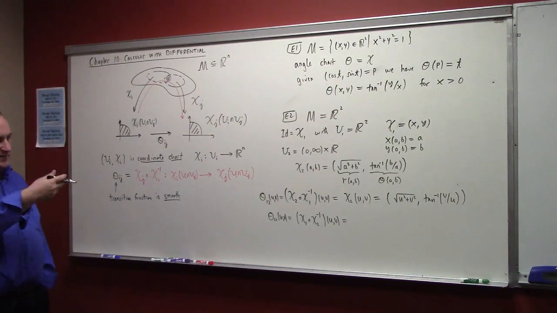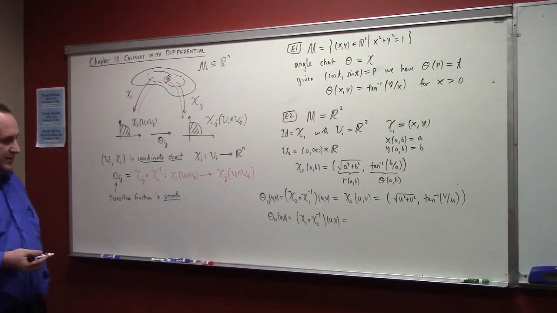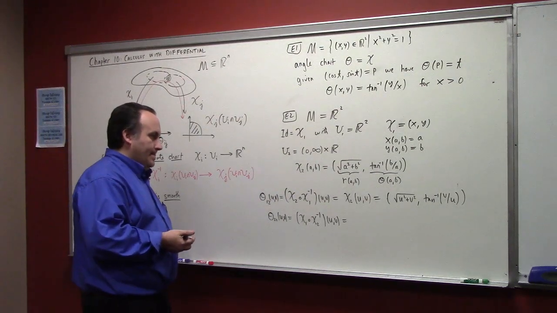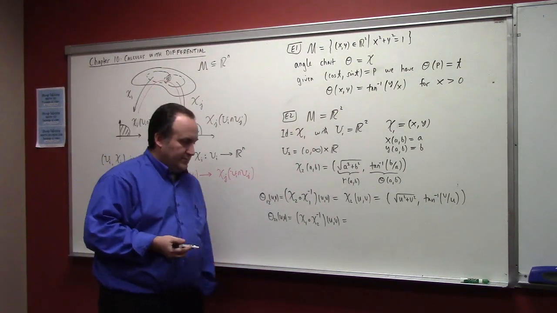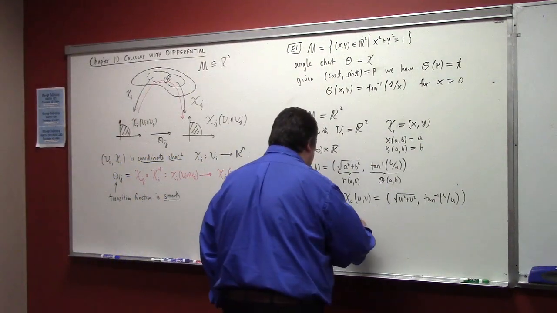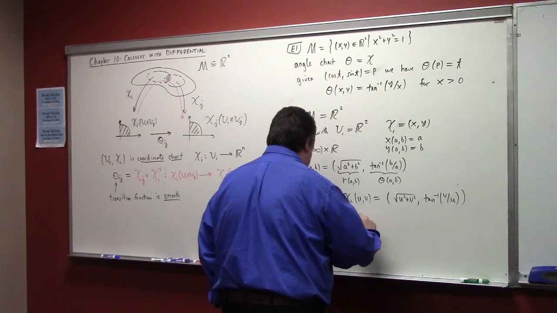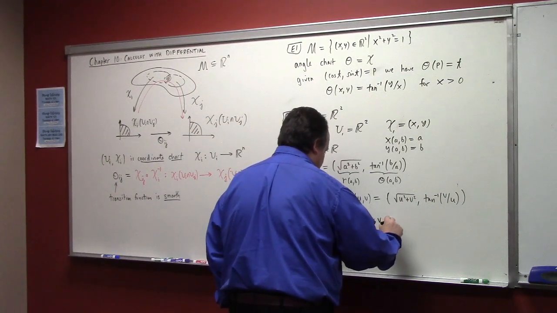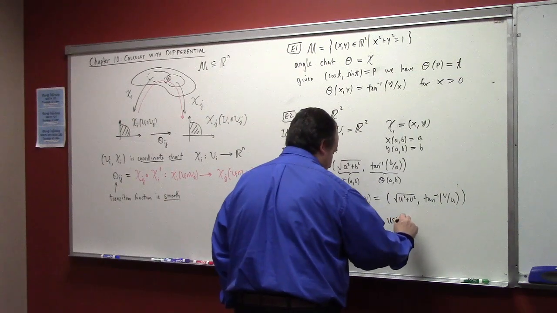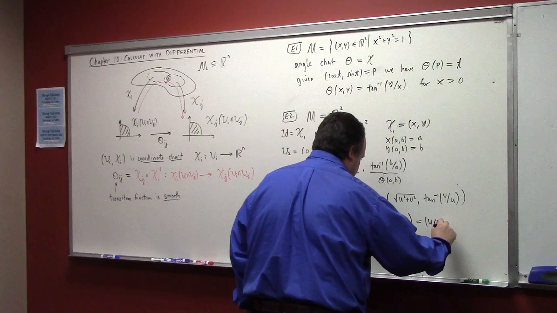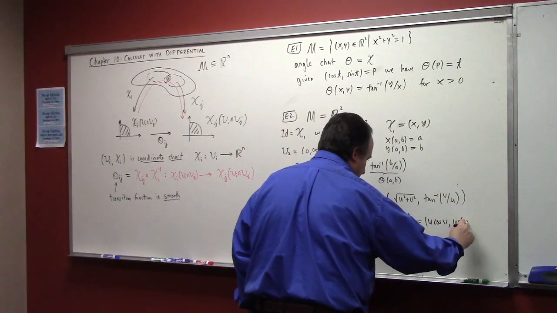Because what is the inverse to the polar coordinate map? X equals r cosine. Yeah, this is a little bit more familiar, isn't it? That's, like you said, u cosine v and u sine v in our current notation.